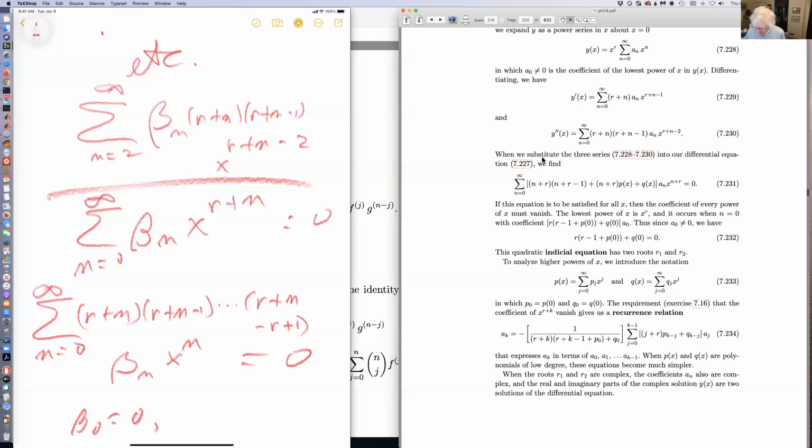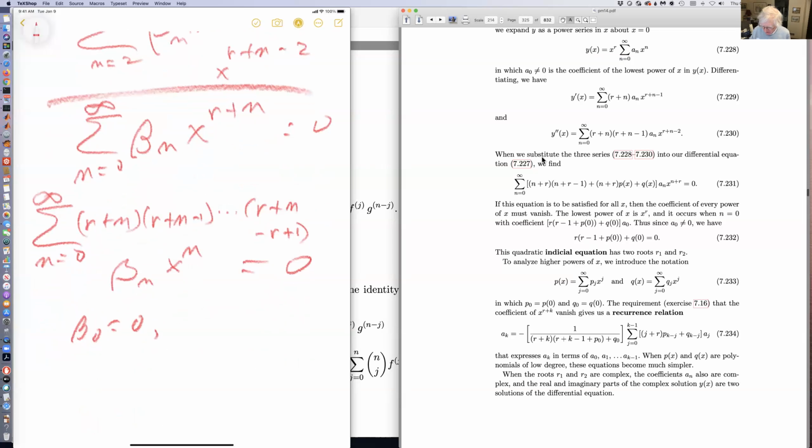Then you differentiate this expression again, and you get an expression like this, n equals 0 to infinity, r plus n dot dot dot. Now the lowest term here was n plus 1. The lowest term this time is going to be n, and you would have beta sub n x to the n minus 1.